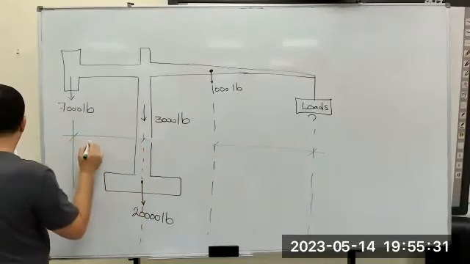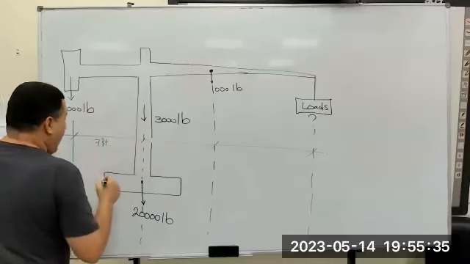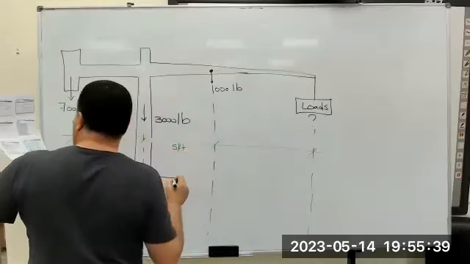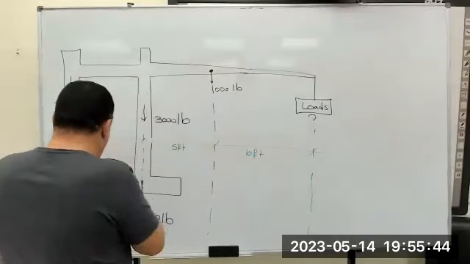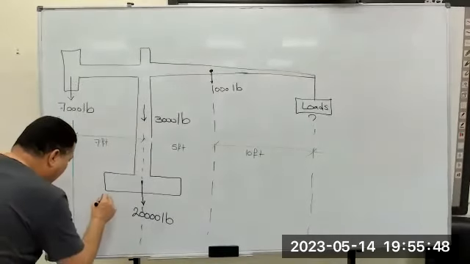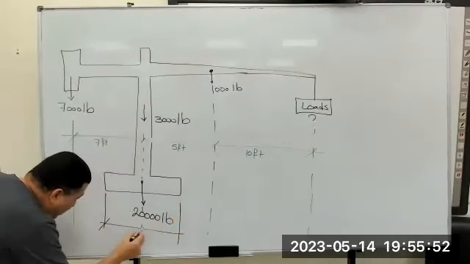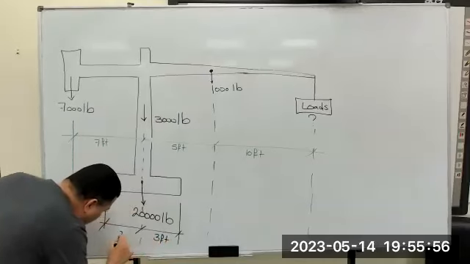From here to here is 7 foot, and we have 5 foot, and we have 10 foot. And we have a foundation equal to 6 foot multiplied by 6 foot. And here is 3 foot, correct or not?